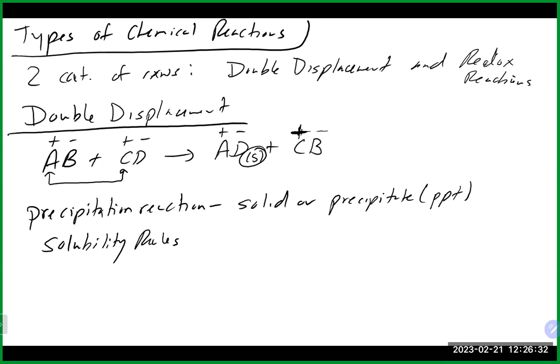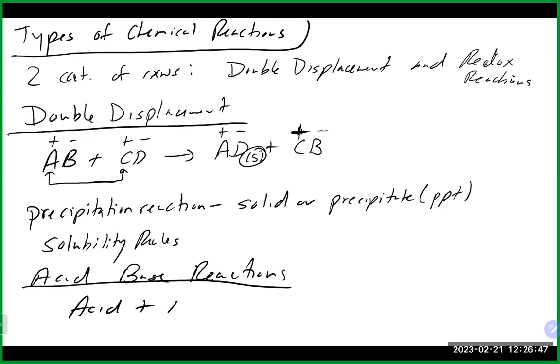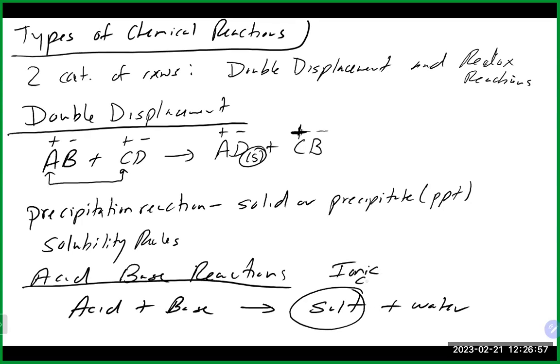The other classification that falls under double displacement reactions are acid-base reactions. In an acid-base reaction, we take an acid plus a base, and we make a salt and water. A salt is an ionic compound, so some type of positive-negative pair, and obviously water is H2O.